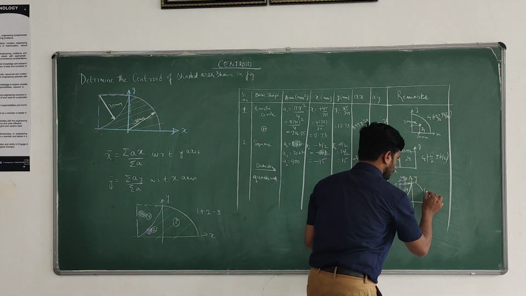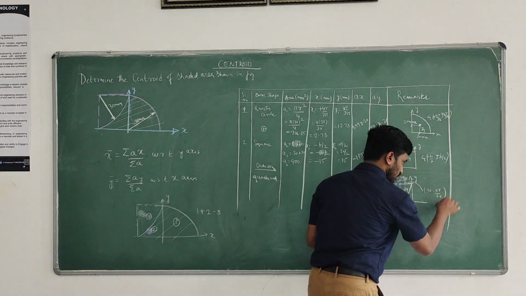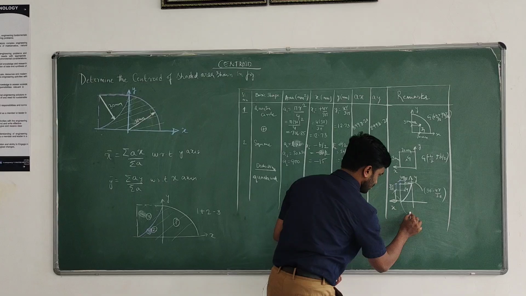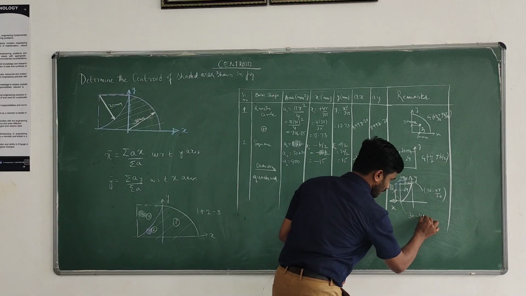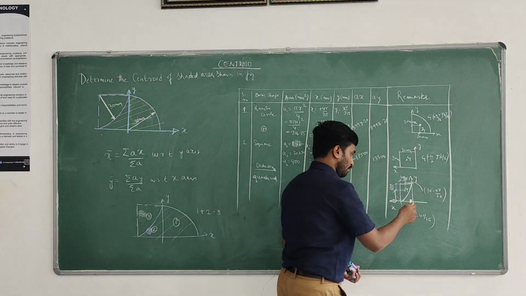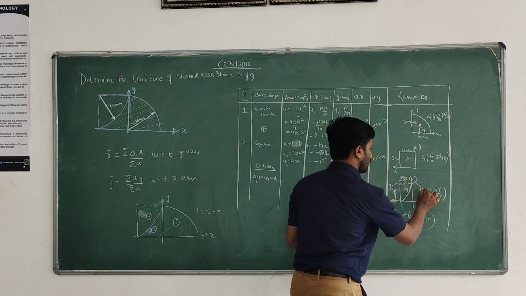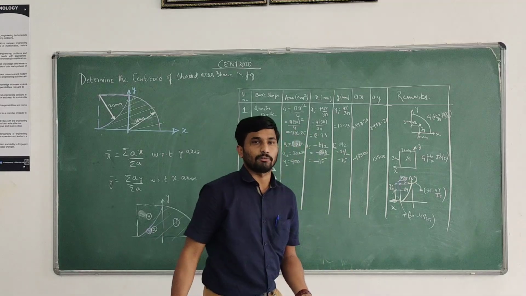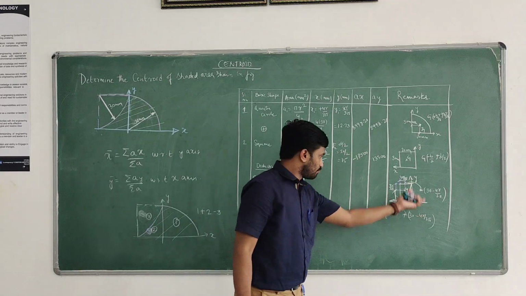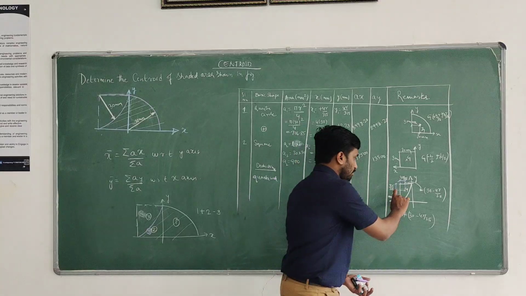So this distance is 30 minus 4r by 3 pi. Here also, what is this distance? This is also 30 minus 4r by 3 pi. But this is y, y is plus, and this is x, x is minus. Minus of 30 minus 4r by 3 pi. Here, because of positive, 30 minus 4r by 3 pi. Why 30 minus?